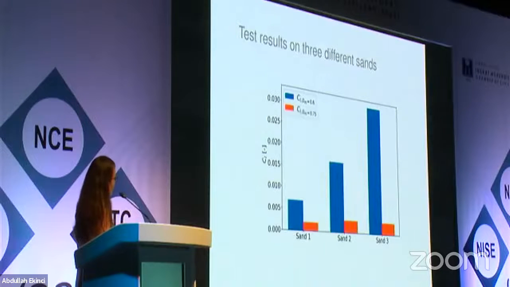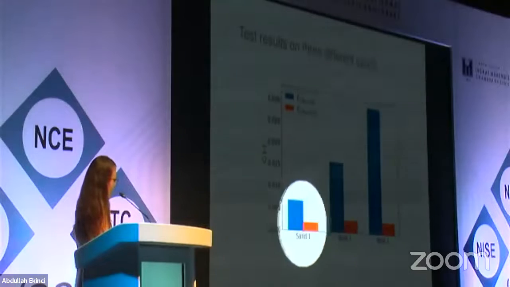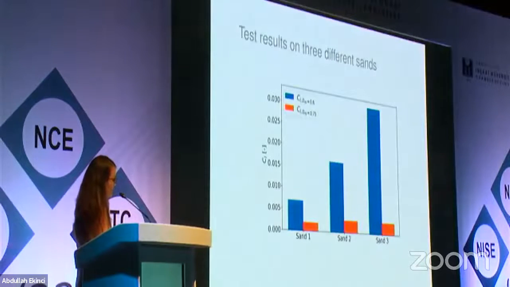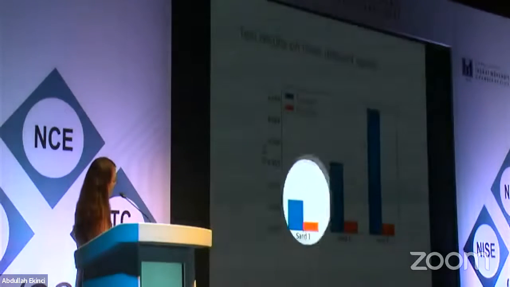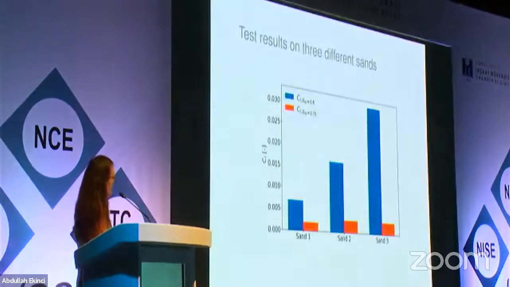If we now compare at the density of 0.75, we see that the CL values at this density are very similar and relatively small in the case of all three sands. It is also noticeable that sand 3 is experiencing the largest change in the CL value when densified from 0.6 to 0.75, and this is also expressed with the largest value of the KL parameter.